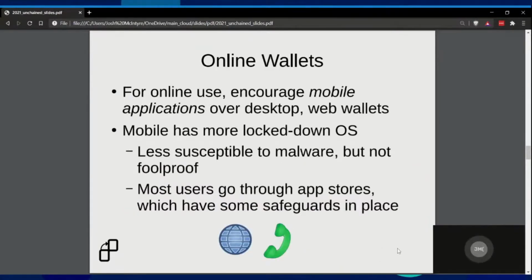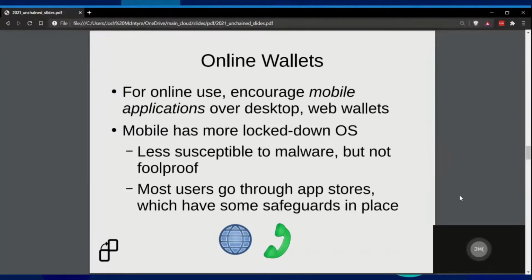Now, for online use, we should encourage mobile applications over desktop or web wallets, I think. This is for your spending money. Mobile devices have a more locked down operating system. Now, I'm not in any way saying that this is foolproof. Of course, there could be a lot of issues with something like a mobile device, and they do have vulnerabilities.